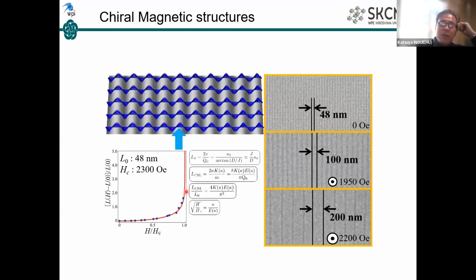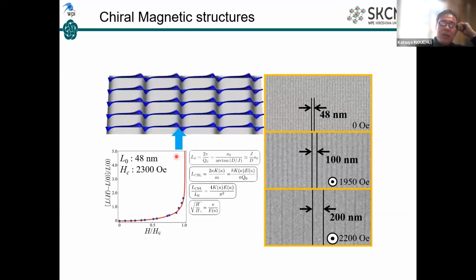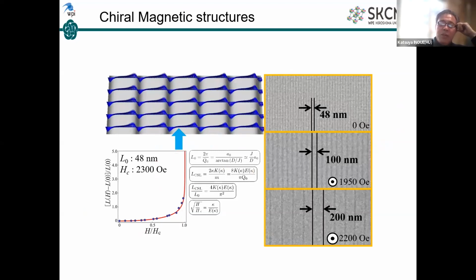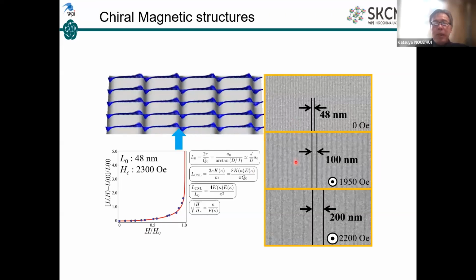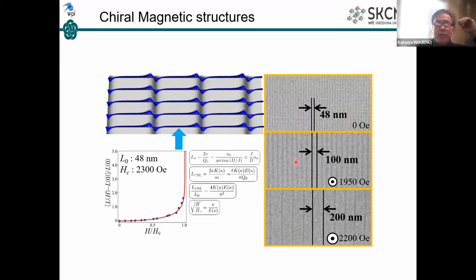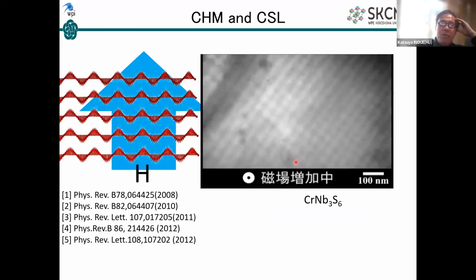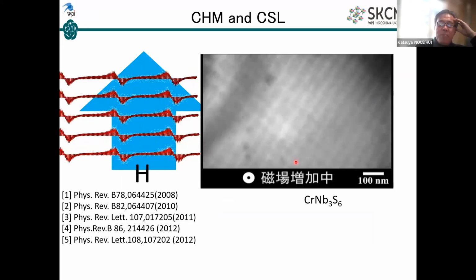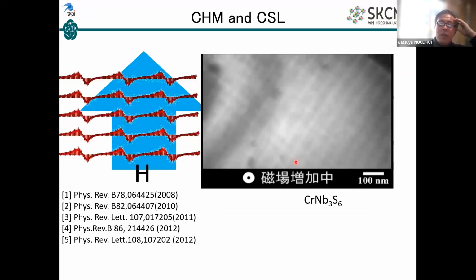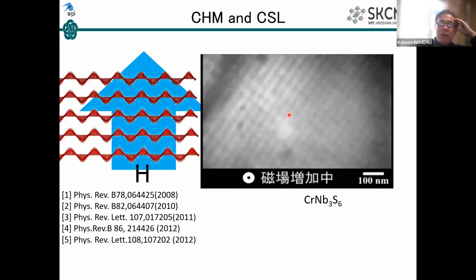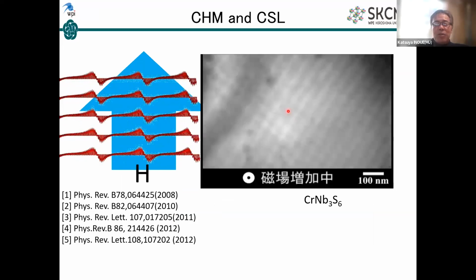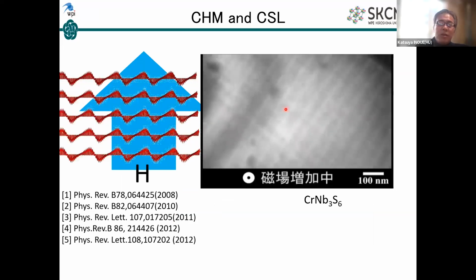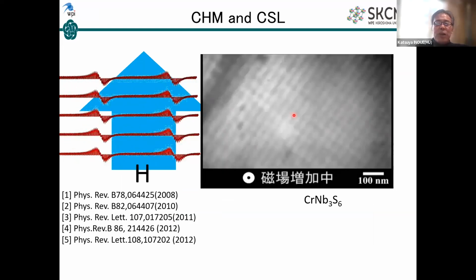We can calculate this analytically using the Hamiltonian, and it is very good for the experimental data. And today we go further. This is a video of increasing the magnetic field perpendicular to the helical axis. The pitch of the helix and the width of the solitons can be controlled very smoothly by the magnetic field.